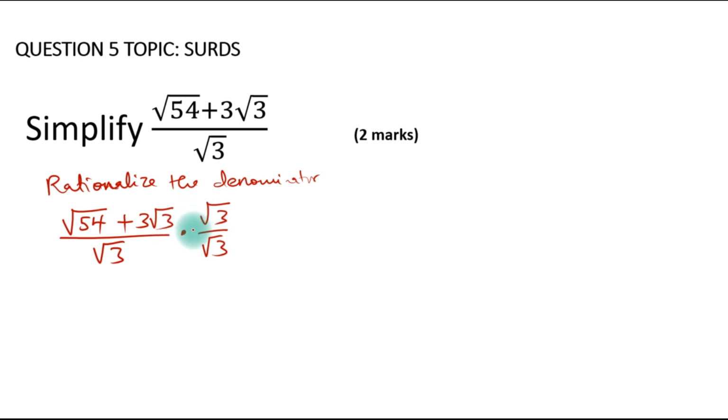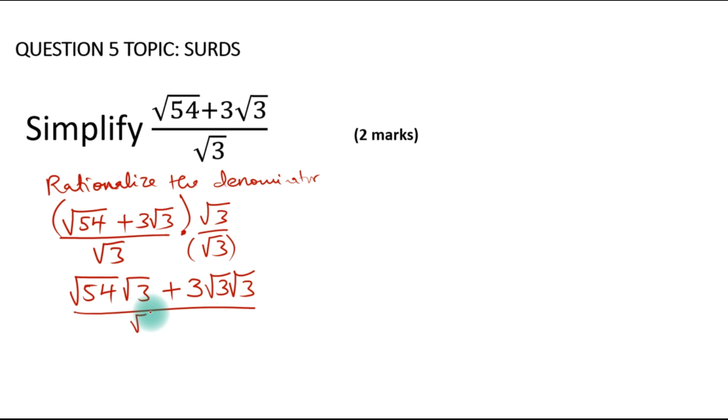But in this case, we consider the denominator part. So from here, we shall have, now I multiply through, so this will be root 54 times root 3, then 3 root 3 times root 3, we have plus 3 root 3 times root 3, all over root 3 times root 3.